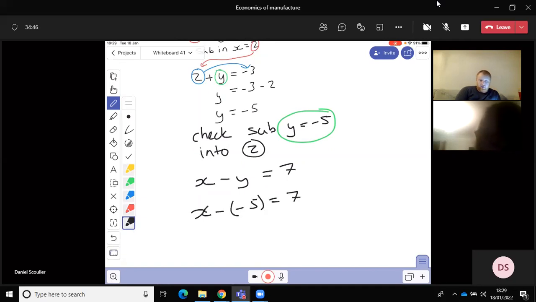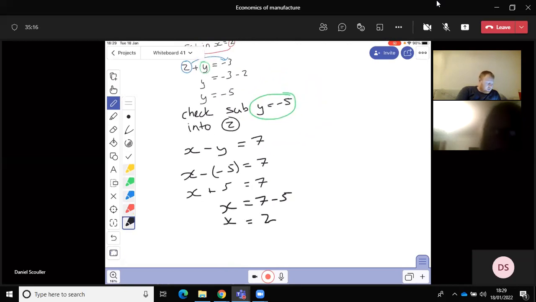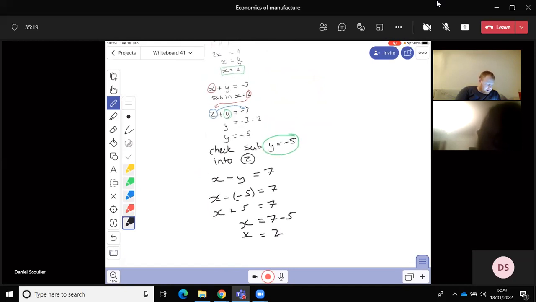Taking away a negative becomes a positive. x equals 2. Now that's only a check, so if I look back, what I'm getting here should equal the same as that.